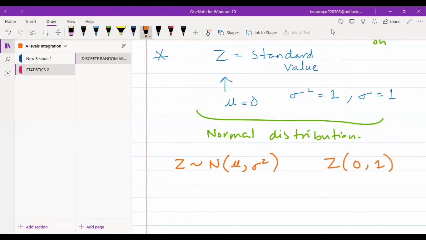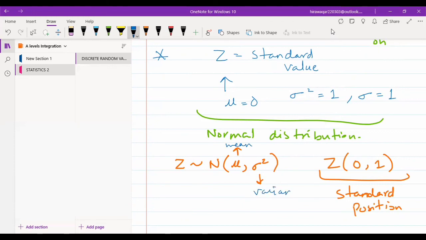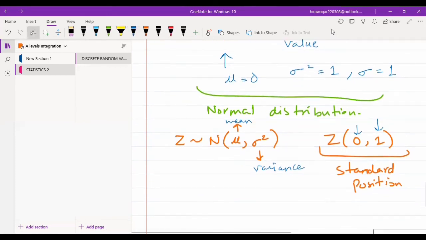It will always show that you are at standard position, because this is the place of mean and this is the place of variance. And if you are receiving 0 over here and 1 over here, it means you are at z value, you are at standard value.